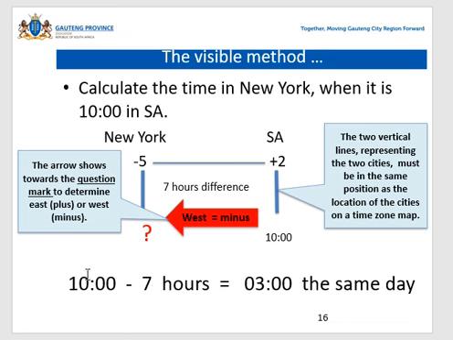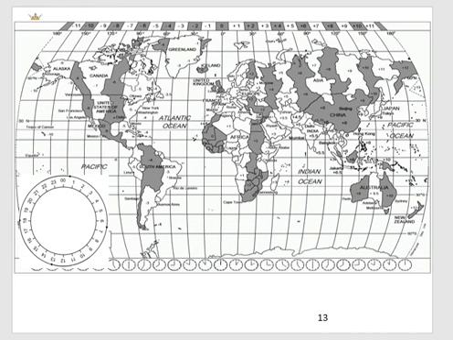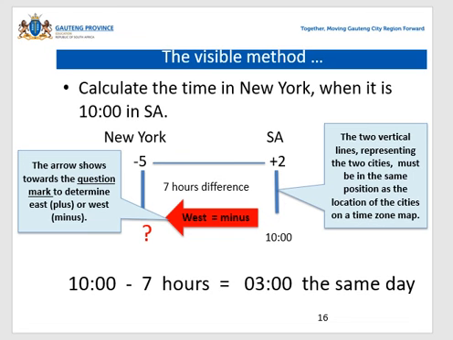Now I write down, it is 10 o'clock in South Africa. Where is my time zone map? We determined that I'm going to go from +2 in South Africa. I jump 1, 2, 3, 4, 5, 6, 7 hours. So I jump my 7 hours, and now I know that the time difference between the two is 7 hours. And because I have to move west to go from South Africa to New York, it will be minus the 7 hours.